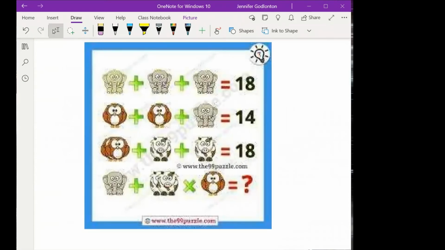You can write your answers in the chat or you can unmute and let us know verbally, whichever you prefer. I'm looking for the question mark. I want to know what my answer is over here. Let's see. I did warn you it was going to be a little bit harder than Tuesdays because you got Tuesdays too quickly. This is a very nice one.